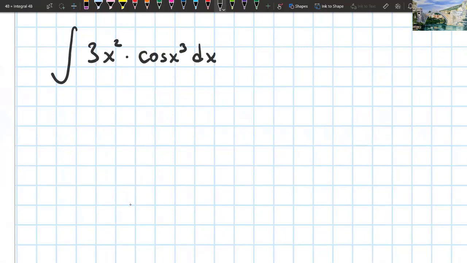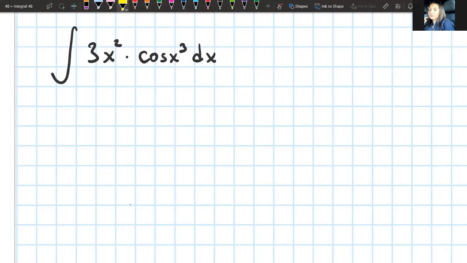So our next integral is 3x squared cosine x cubed dx. Step 1, pick u. Which one is u here? Cosine of x cubed?